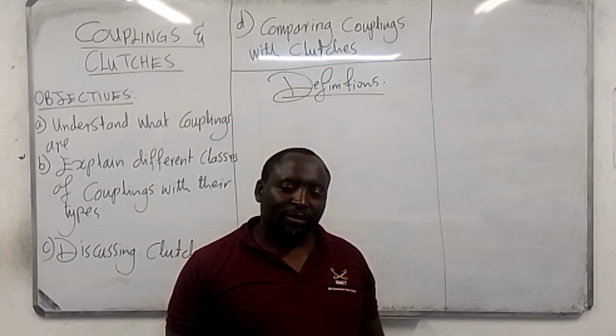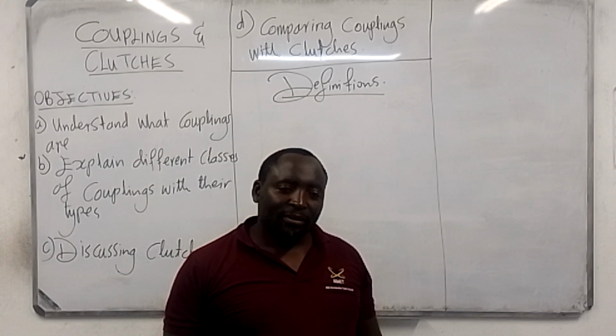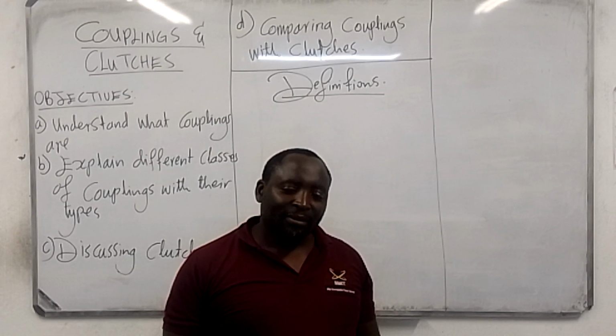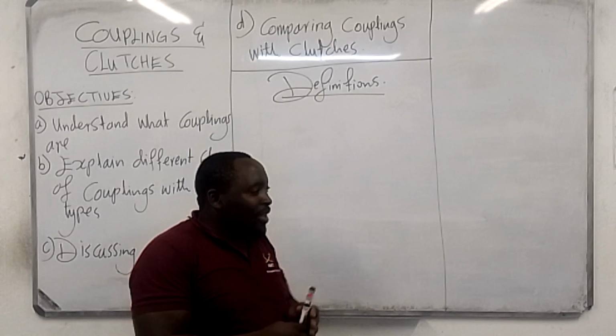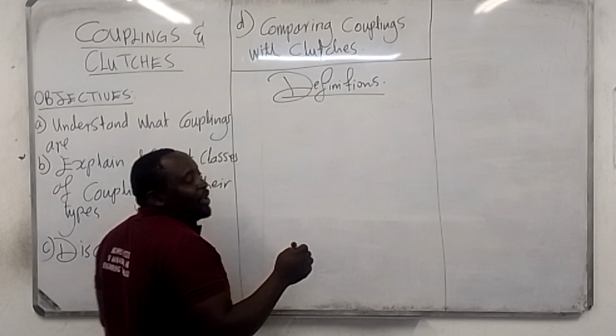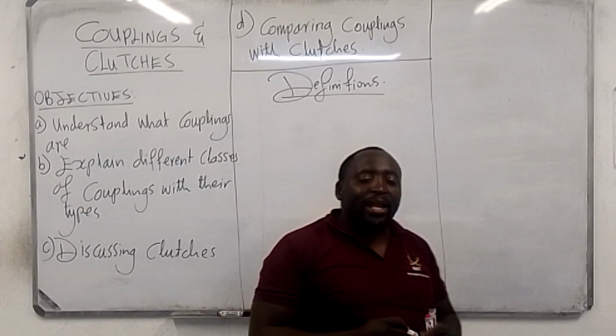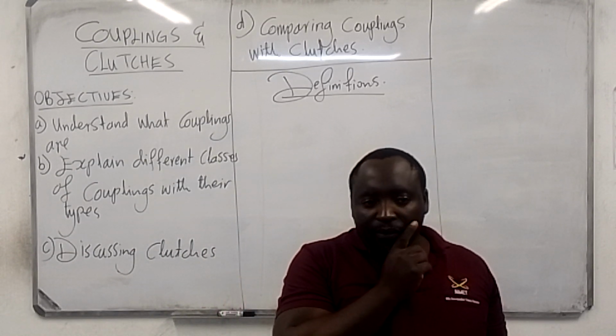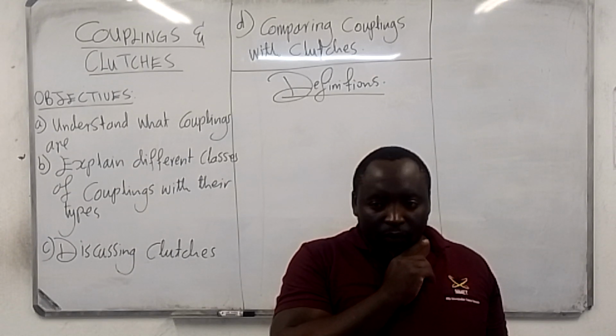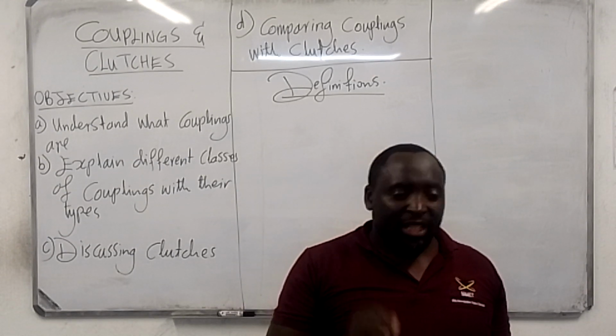It's an atom that joins two shafts. I just looked at the picture. Okay, so a coupling is a mechanical device. Let's keep it as a device, not as a component.